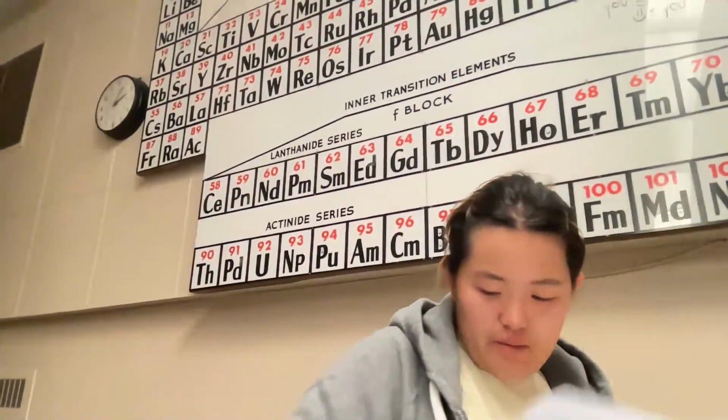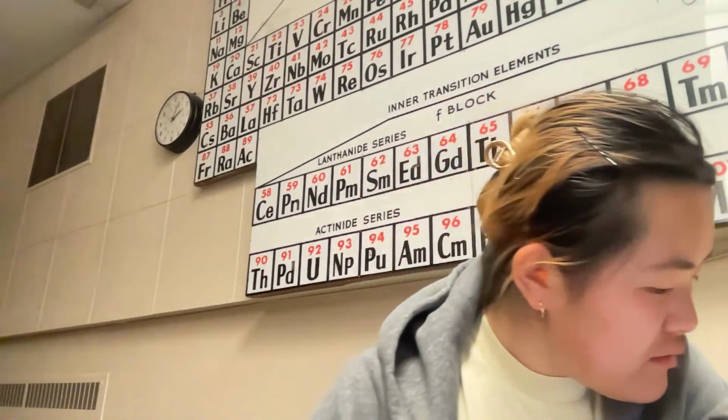I can probably put it down here. NaBH4, sugar, mechanism. So what does it do? So it reduces the double bond.